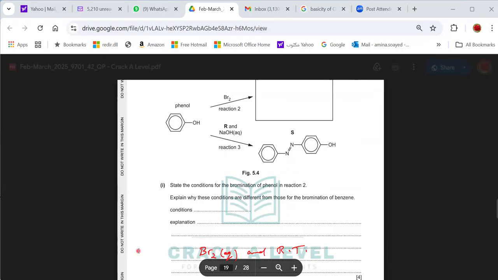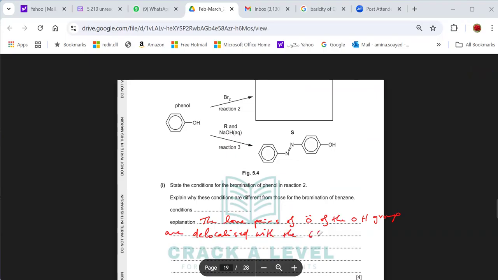We can say here that the explanation is that the lone pairs of oxygen of the OH group are delocalized with the 6 pi electrons on the benzene ring.